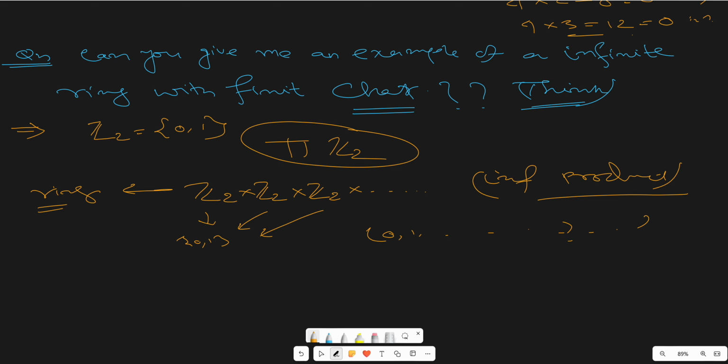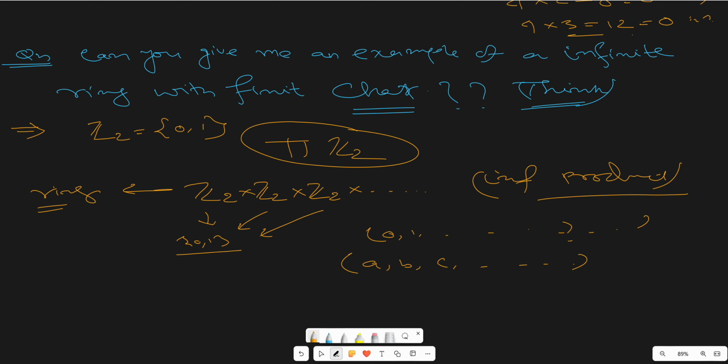Suppose you have any element, a tuple a, b, c and so on, an infinite tuple. Every entry has two choices, either 0 or 1, because every Z2 has two choices.